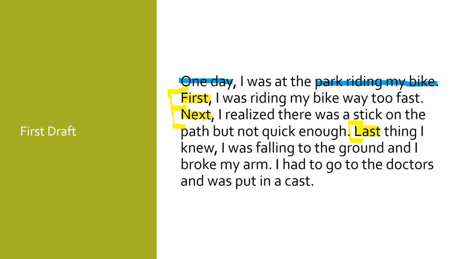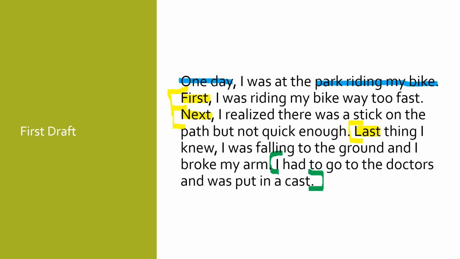I had to go to the doctor's and was put in a cast. So this tells you about the event of me riding my bike in the park and falling off. It gives you details about the first thing that happened, the next thing, and the last thing that happened. It also has a sentence that kind of sums up the whole entire event.